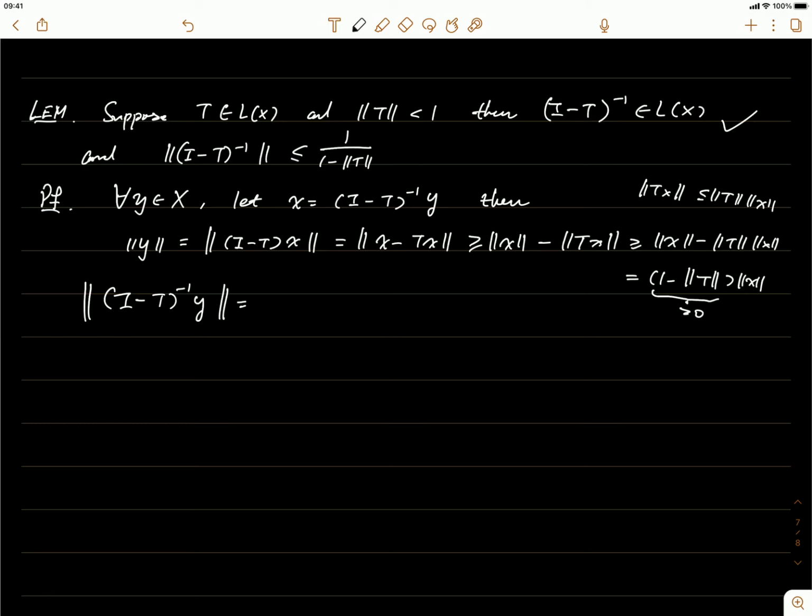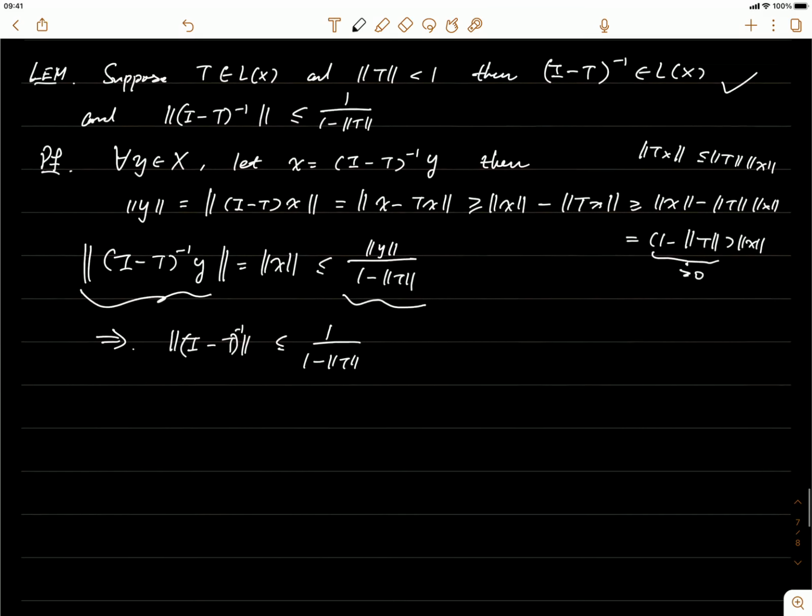According to our notation, this is just X. And as we showed in the first line, the norm of X is less than or equal to the norm of y divided by 1 minus the norm of T. And this implies, since y is arbitrary, that the norm of the inverse of I minus T is less than or equal to that. Right? That's what we know from here.